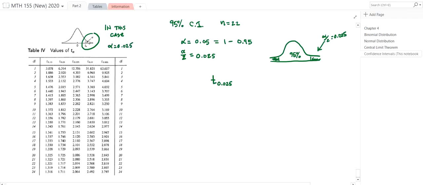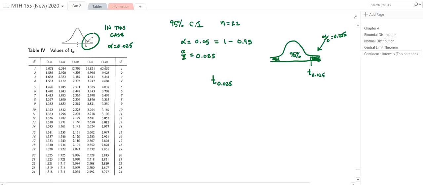It's not the same as our alpha over 2, but it represents this area, which is the same as this area here, and that's what the table is going to calculate. It's going to calculate the t value, the left boundary of this area, which is going to be our t value, and that is the same thing as t of 0.025.